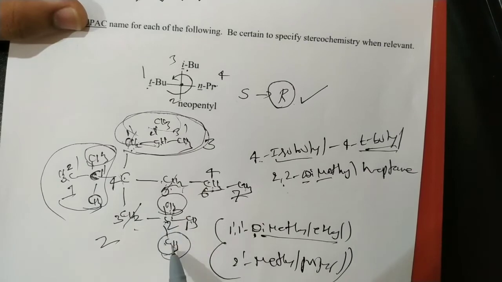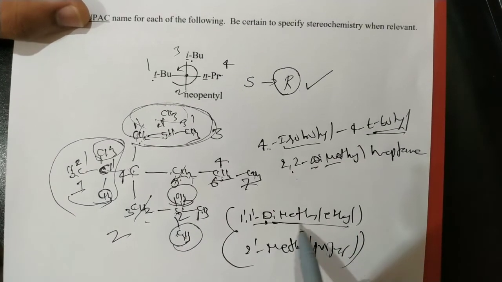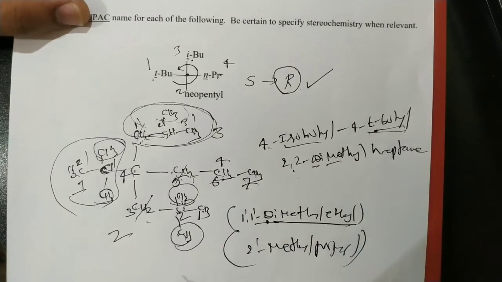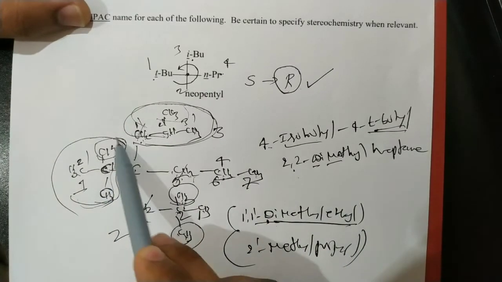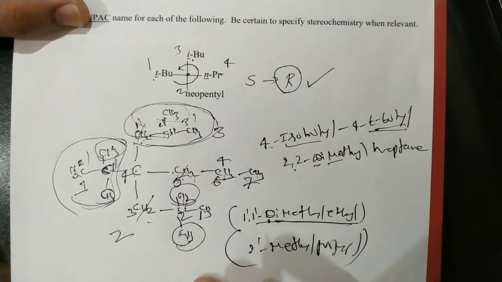Methyl is the name of the substituent, but here dimethylethyl is the name of the complete substituent. That's why we have to consider D here.